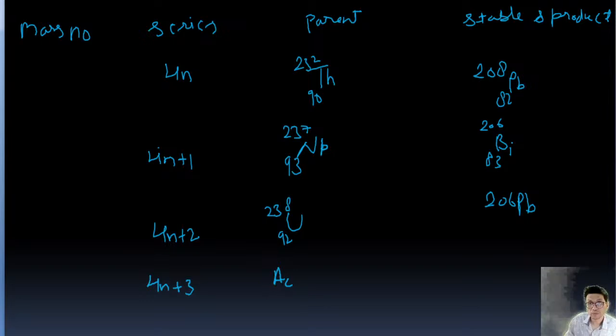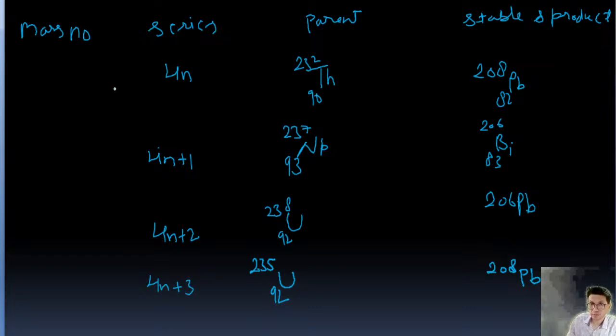This is uranium 92, 235, and the stable product is lead 208, Pb.